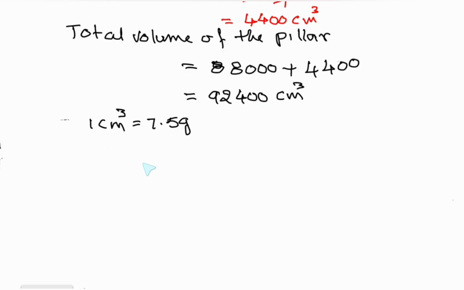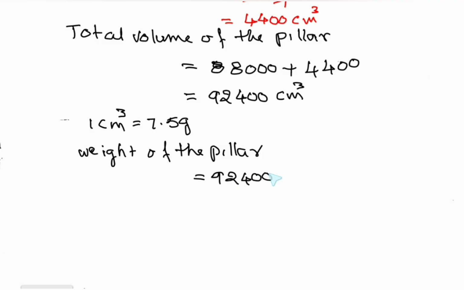That means the weight of the pillar equals 92,400 into, for 1 centimeter cube you have 7.5 grams.